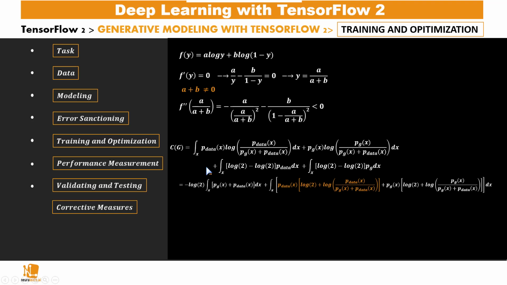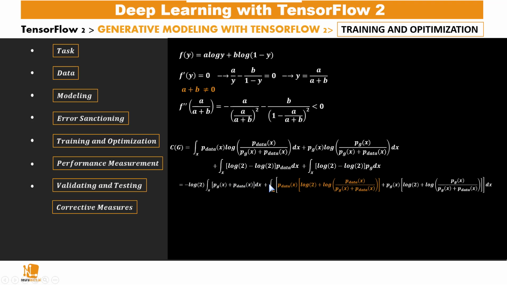Now that that's done, we can rewrite this. Notice that here we had p data and here we have pg. So we regroup the pg and p data for the negative log 2. Negative log 2 times p data plus negative log 2 times pg. If you combine the negative log 2, you have negative log 2 times pg plus p data, which is gotten from this and then this combined.